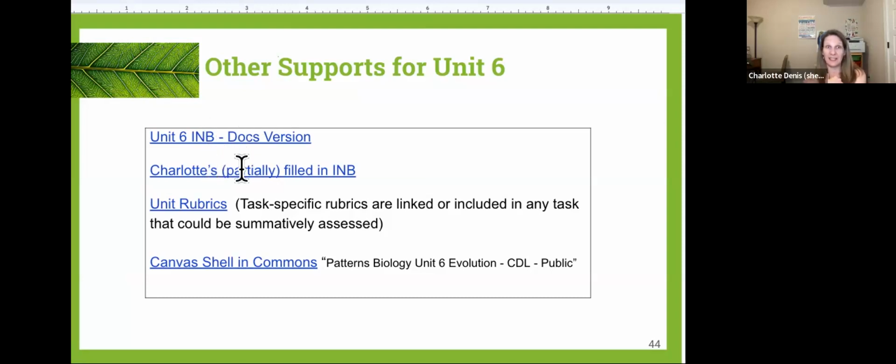I keep an INB myself, so I'm linking my INB to you. It's not completely filled in because I haven't taught it yet this year, but just as an FYI. If you're using Canvas, look at our Canvas shell. Jesse Chamberlain and I made this during COVID, so I wouldn't say it's 100% up to date, but it might be a good place to start if you want to see what other people are doing with Canvas.